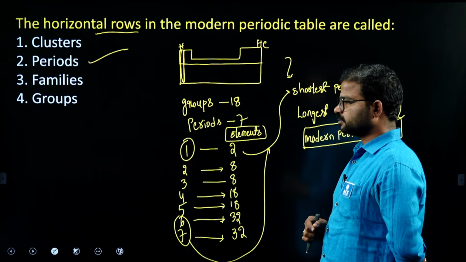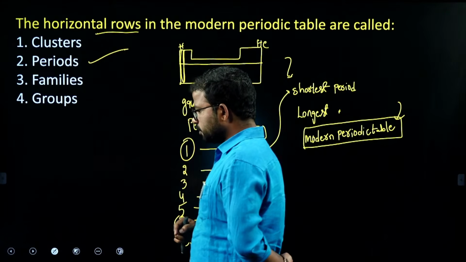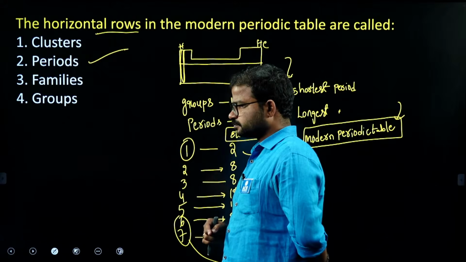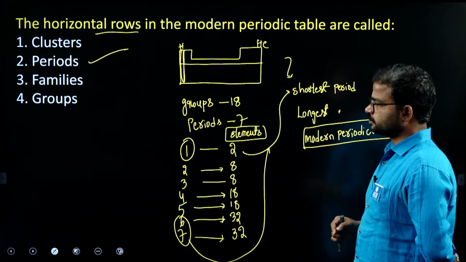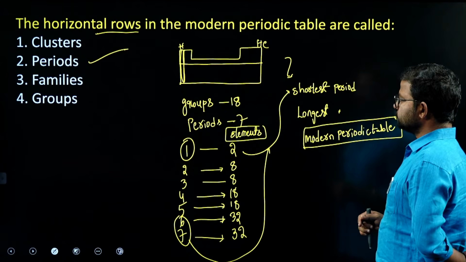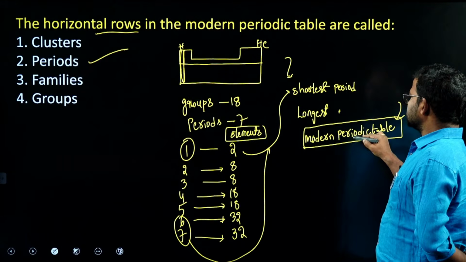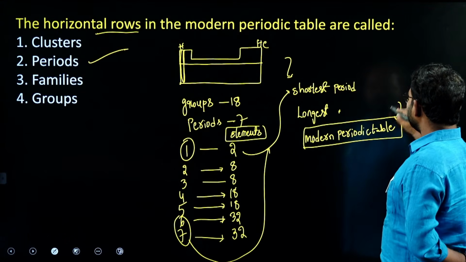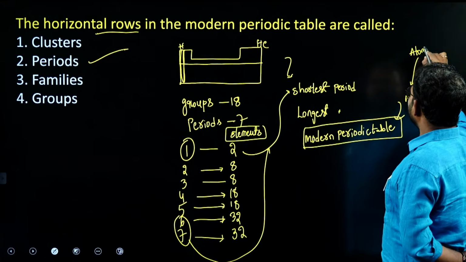Anyone? Atomic number? Yes, Abhishek, atomic number. So the modern periodic table was proposed by Moseley, based on atomic number.